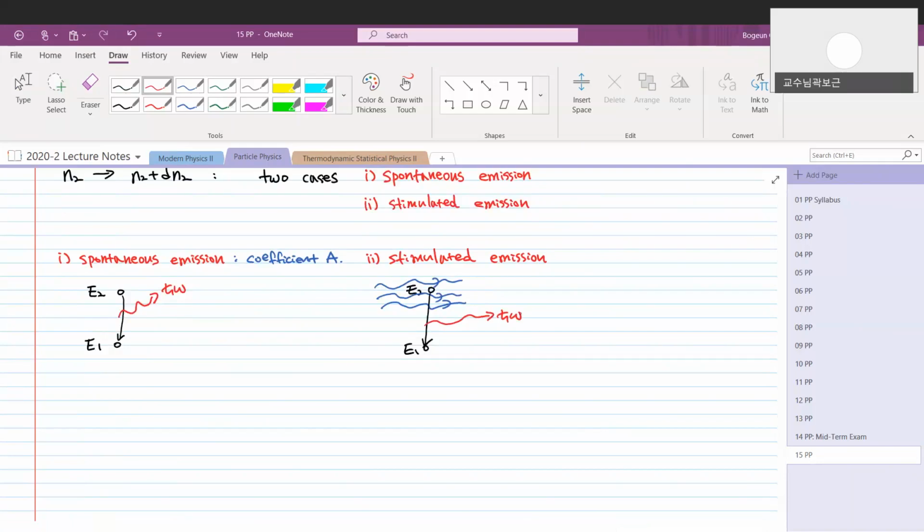So the probability of such stimulated emission is related to coefficient B and the intensity of the black body, which is a function of omega, because the intensity is proportional to the number of photons.